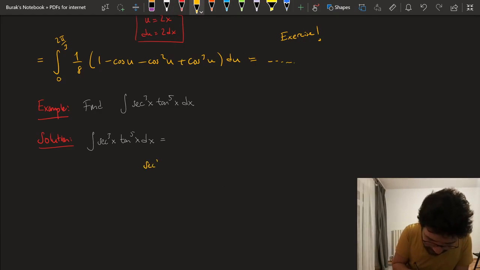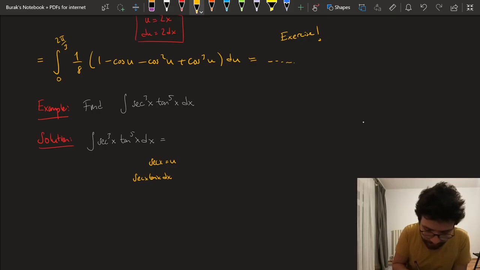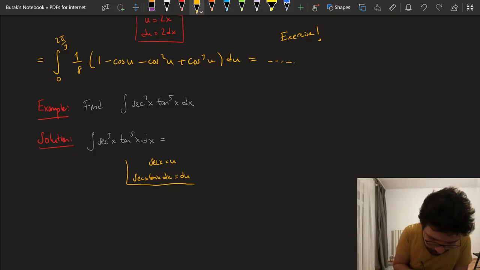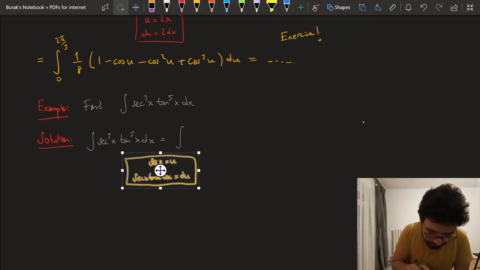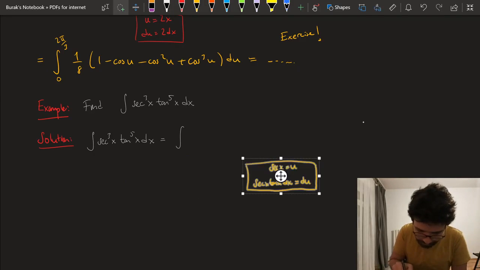If I call my secant of x u, what's going to happen? Then secant of x tangent of x, which is the derivative of secant, so secant of x tangent of x dx will be my du. Maybe I should do the substitution later. Let me do it over here.